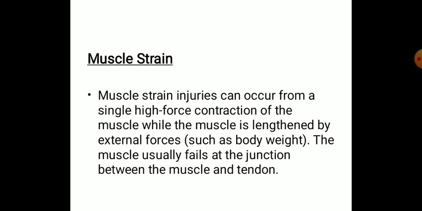It is because in the maximum lengthened position of that muscle, we are exerting some forces. So that can cause some muscle strain. Basically, these muscle injuries and muscle strains are happening in the junction between tendon and muscle.